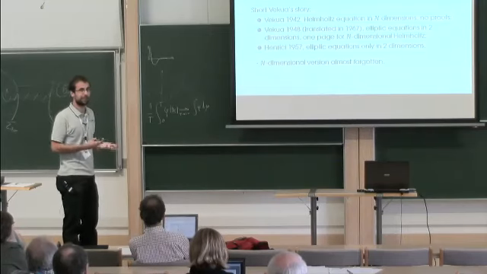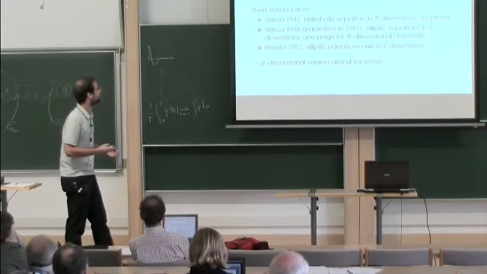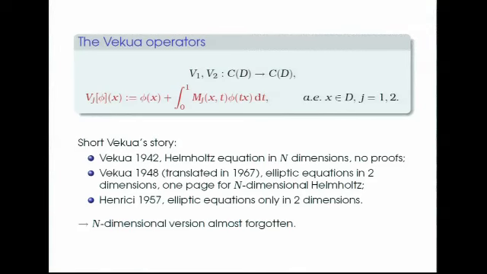Nobody read the original work of Vekua. And so the n-dimensional version was forgotten. Many people, like David Colton, Robert Gilbert, and so on, tried to generalize the Vekua operators to higher dimensions, but they didn't know that this was already available in the first paper by Vekua, 30 years before. But this was already there.